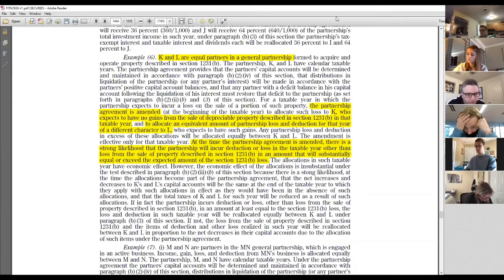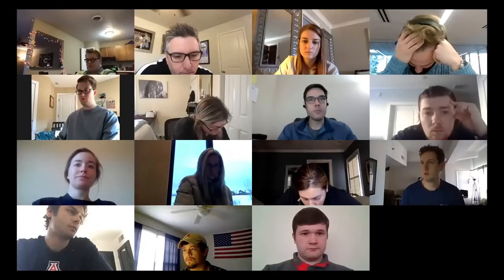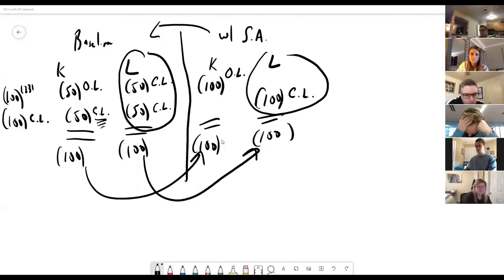And what that means is we assumed here there's going to be at least, the same result would occur if the capital loss is like 110. We would just, the first 100 we give all to L, and then everything else gets split 50-50. We assumed there was enough of an offsetting amount to fully offset.